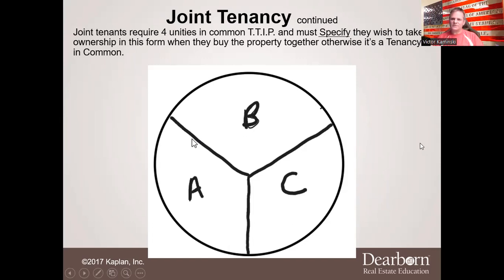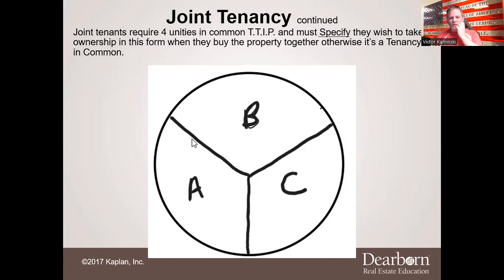What kind of ownership is this? Tenancy in common. It's the default form of ownership when you have 2 or more owners not married to each other. In order to create a joint tenancy, you have to specify you wish to take ownership in that form. Remember? So if I told you that you have 3 or more owners with equal ownership shares, and I didn't give you any more information other than that, it's a tenancy in common.